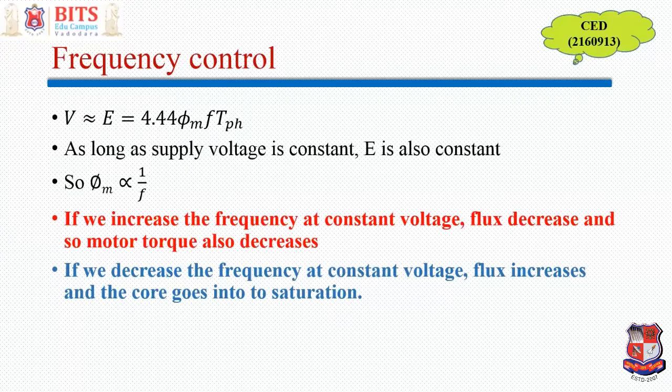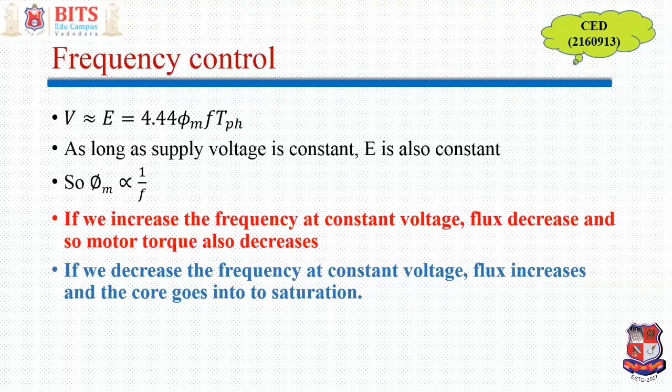Now these two lines, which are highlighted by red and blue lines, they itself can take half an hour for explanation. But in short, if I increase the frequency, flux reduces and the motor's torque producing capacity decreases. So the motor cannot operate at the rated conditions for which it is designed.